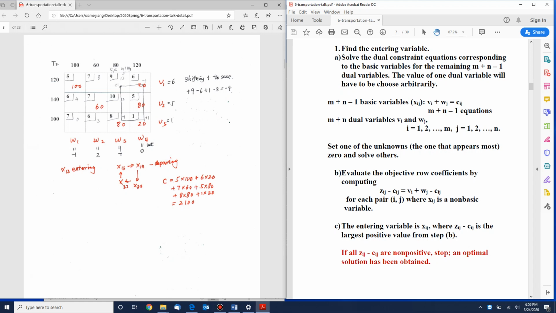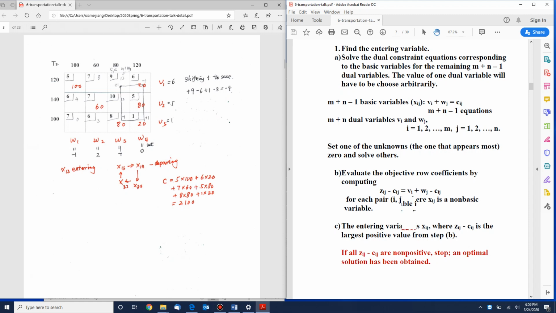So here I have to mention that, can we just go from the cell 34 to the cell 32, and then from cell 34 to cell 24, and then go to cell 14?